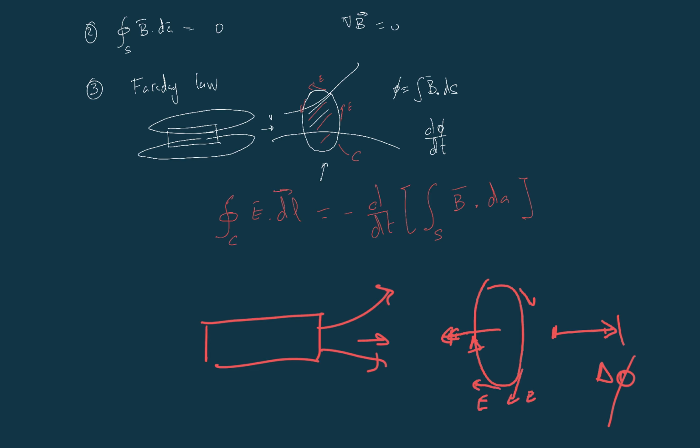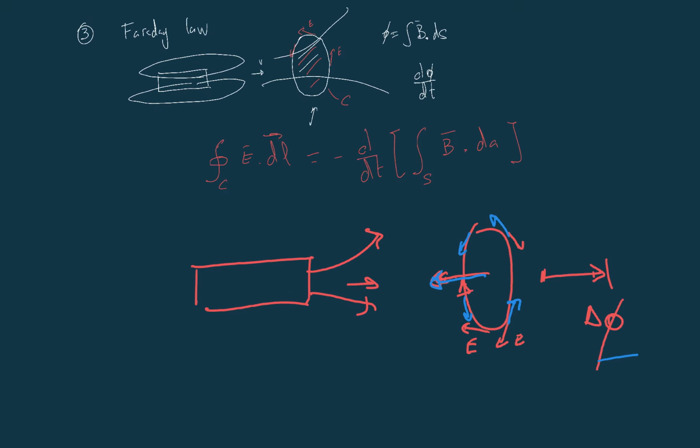Well, indeed, the electrical field will go in the opposite direction to what I have drawn. It will go in this direction, in a way that if you put your hand over the loop, your thumb will point to the left, opposite to the change in the magnetic flux.